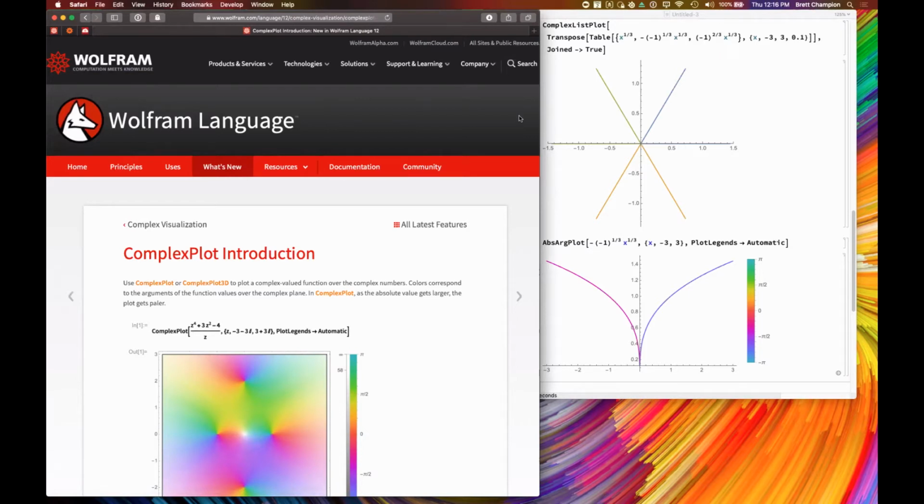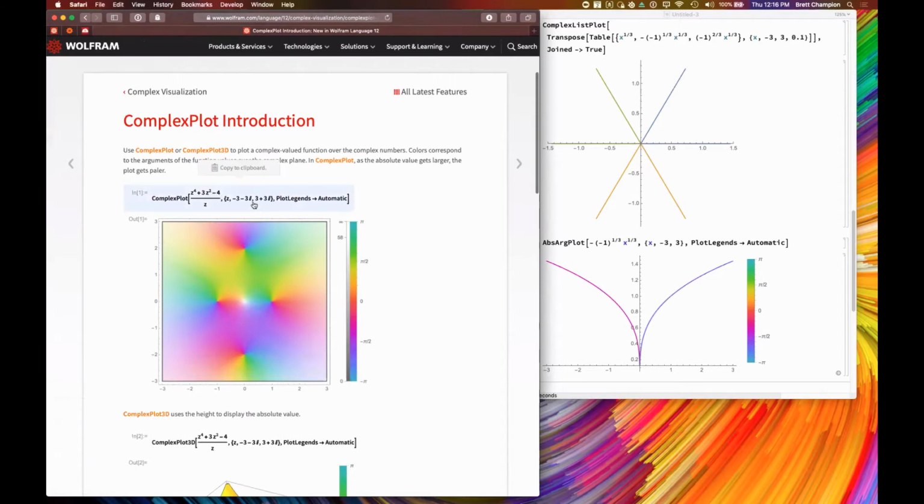Well, not the entire complex plane. We bound it. In this case, we're going from -3 to 3 in the real and imaginary parts. And so, as with AbsArgPlot, the argument is going to be represented by this color going from minus pi to pi, turquoise to turquoise with red in the middle.